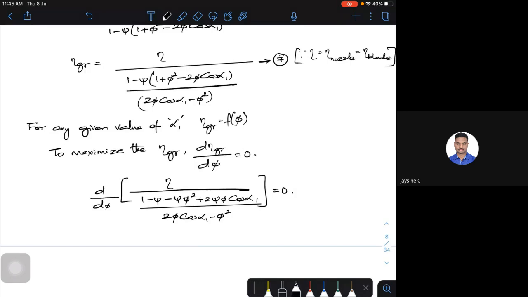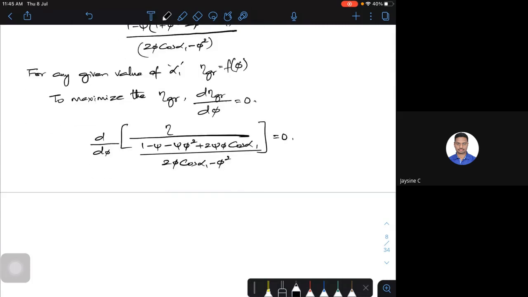Got it? What is the value of phi? Look at this. You need to modify it and write.